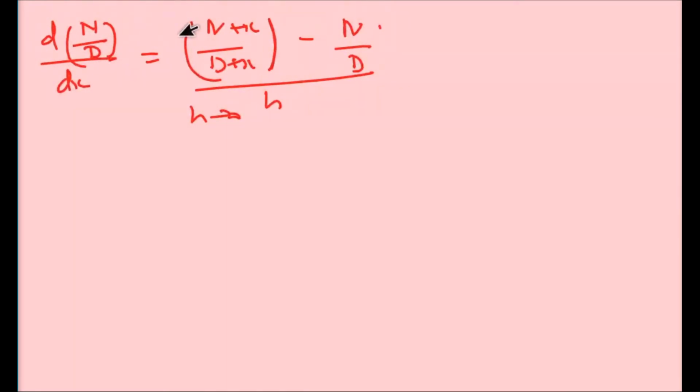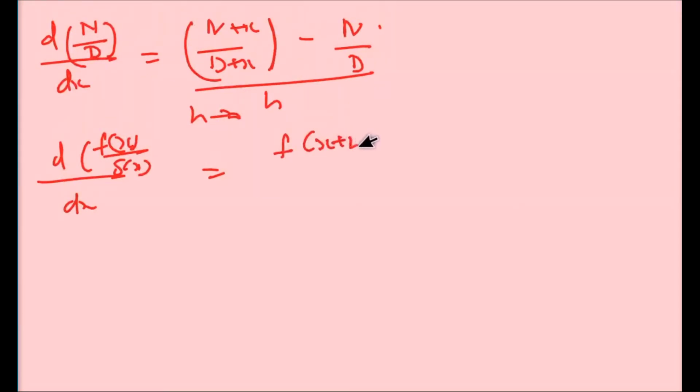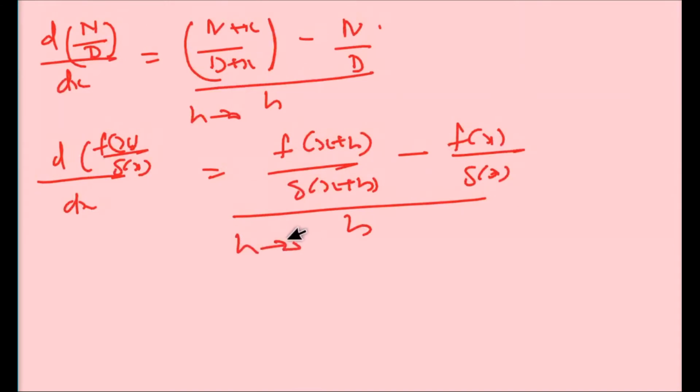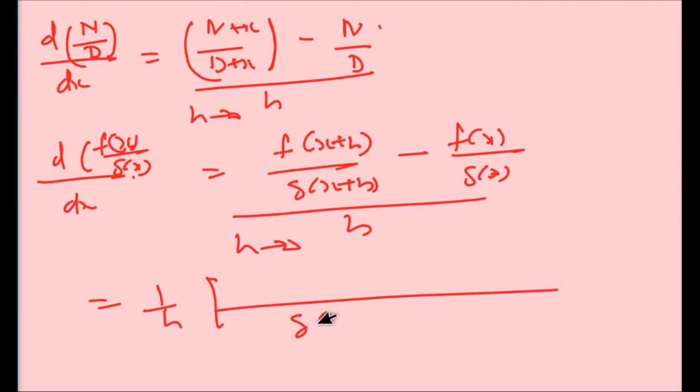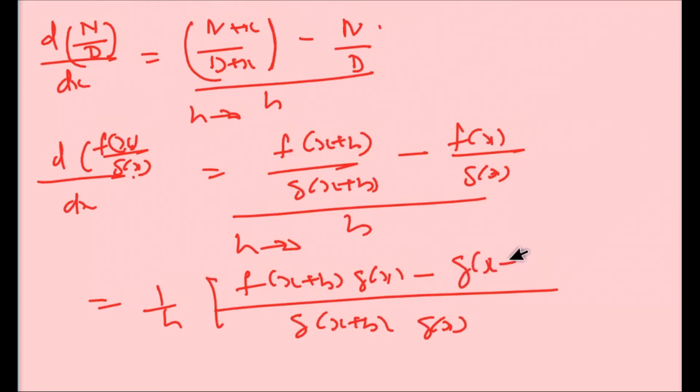Okay, for convenience we are writing here f(x) upon g(x): f(x+h) upon g(x+h) minus f(x) upon g(x). Okay, it is numerator, it is denominator. So taking the LCM here, g(x+h) g(x), we are writing here f(x+h) g(x) minus the LCM g(x+h) into f(x).